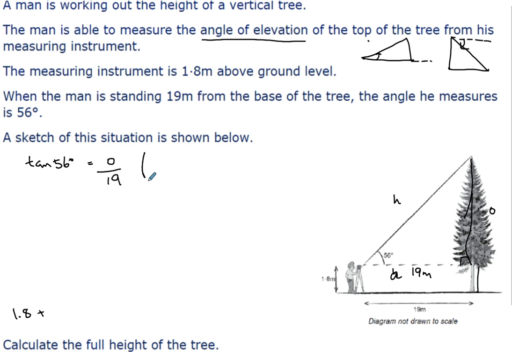Using our Faz format of 3 equals 6 divided by 2, you can tell we're going to go 2 times 3. So we're going O equals 19 times tan 56, which gives you 28.2 meters.